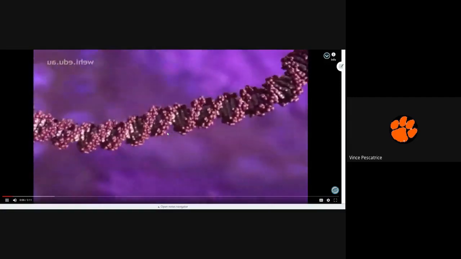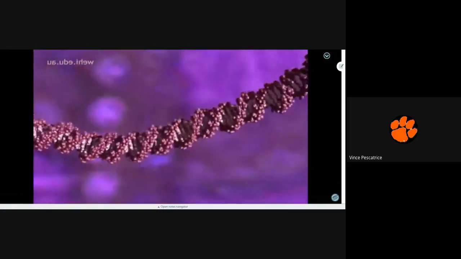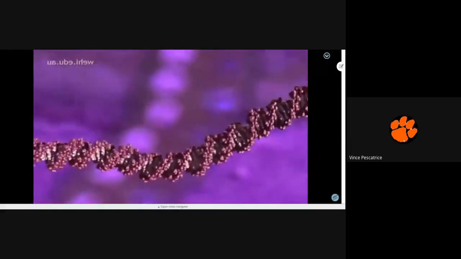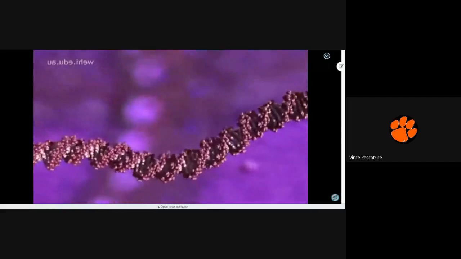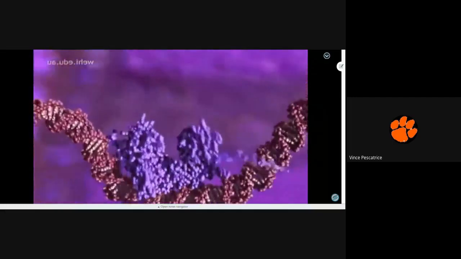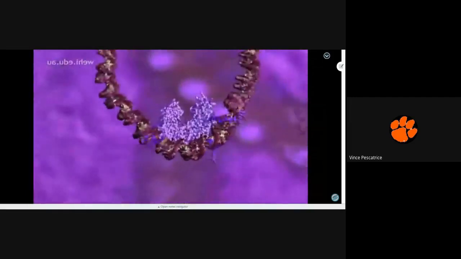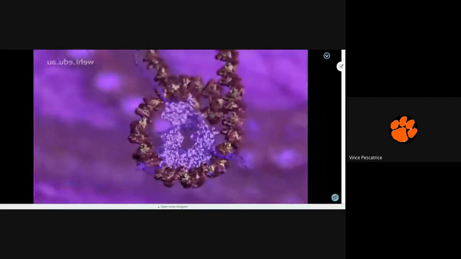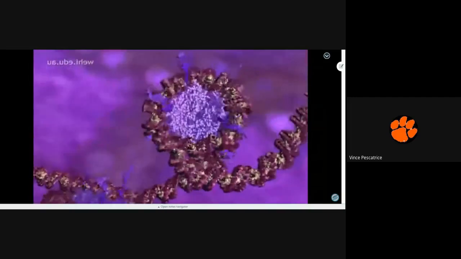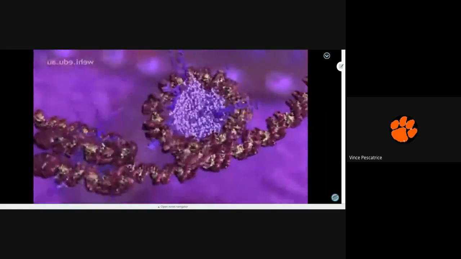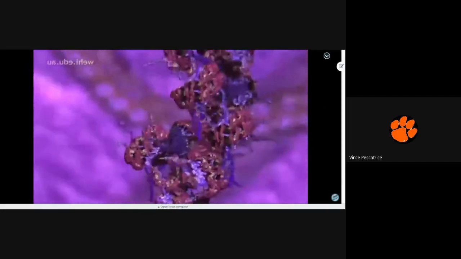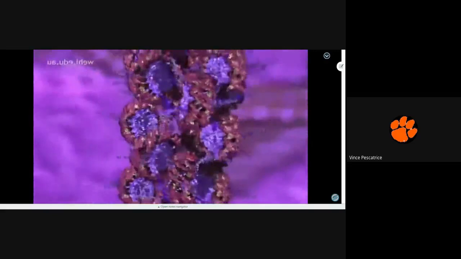In this animation, we'll see the remarkable way our DNA is tightly packed up so that 6 feet of this long molecule fits into the microscopic nucleus of every cell. The process starts when DNA is wrapped around special protein molecules called histones. The combined loop of DNA and protein is called a nucleosome. Next, the nucleosomes are packaged into a thread.